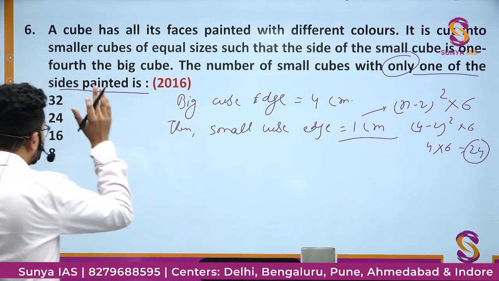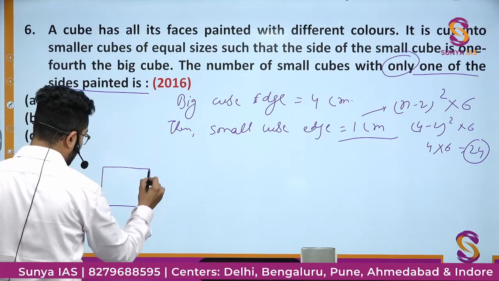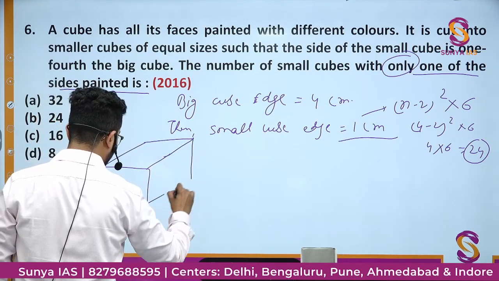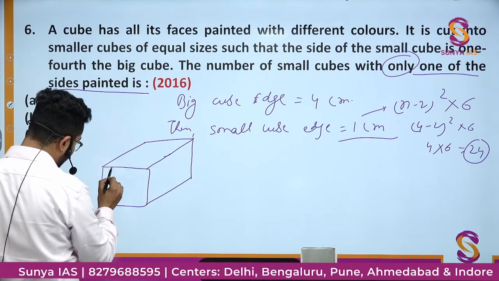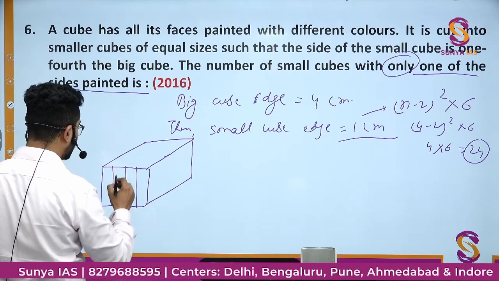हम इसको अपने तरीके से बना के भी देख लेते हैं कि हो रहा है कि नहीं हो रहा है. If this is the cube. So these questions are very easy once you understand. 4 centimeters, so I'm getting 1, 2, 3, 1, 2, 3, 4 such cubes.